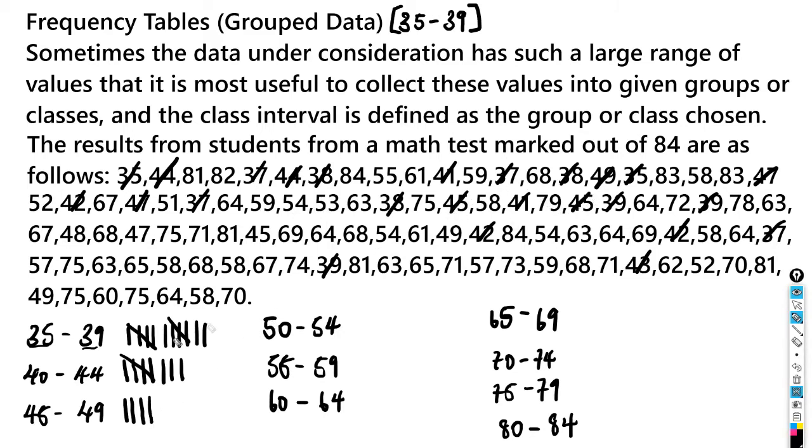Another 45, so that's 5. Then a 48, so that's 6. A 47, so that's 7. A 45, so that's 8. A 49, so that's 9.